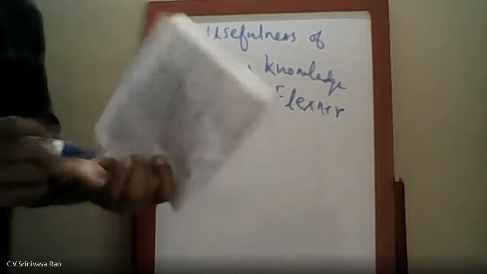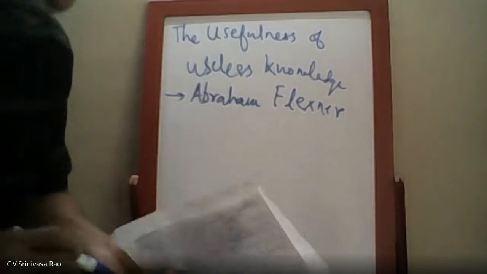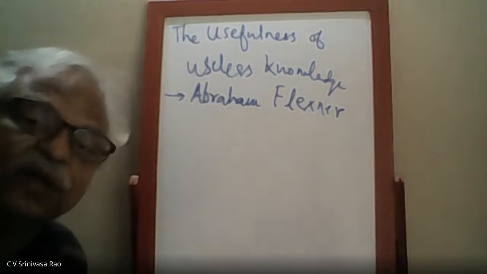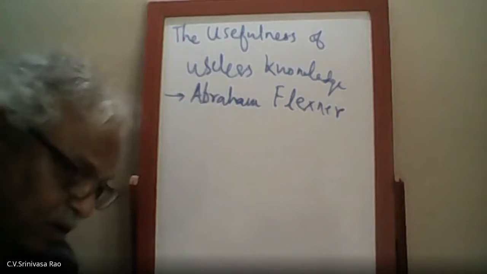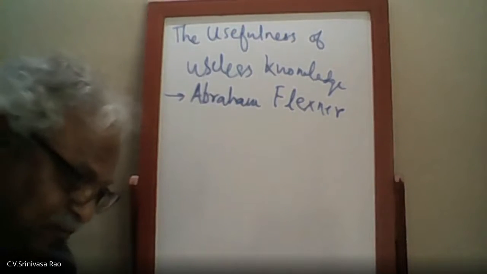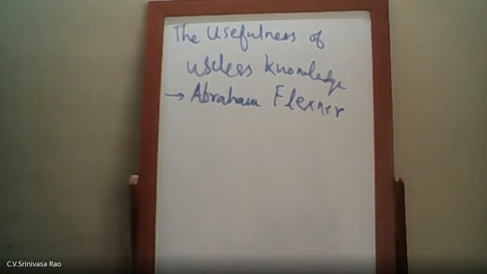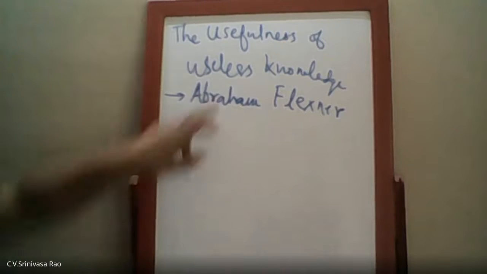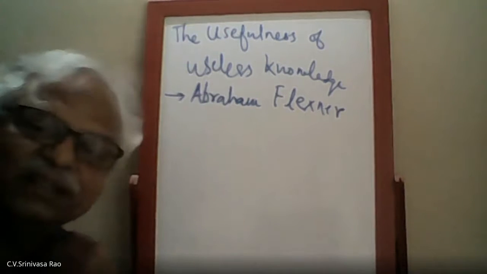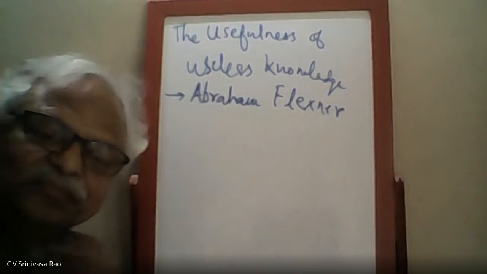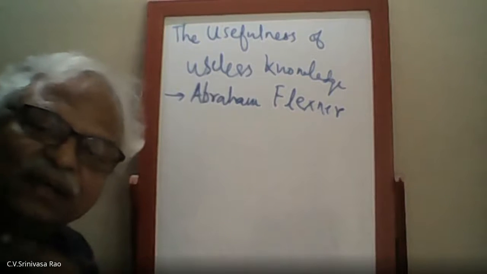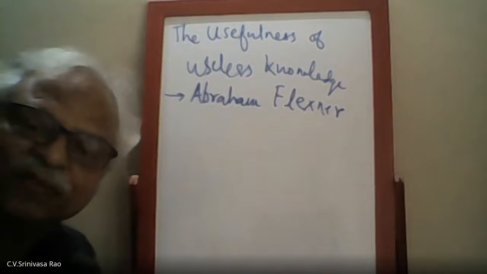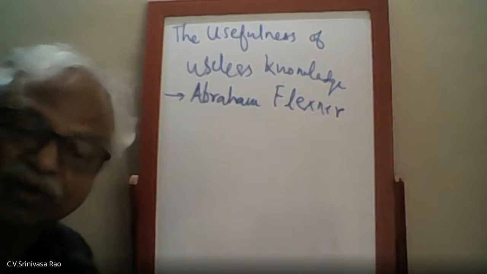He was basically the founder director of the Institute for Advanced Study in Princeton. The topic looks a little funny because he is talking about the usefulness of useless knowledge. What he calls useless knowledge is basically basic sciences, fundamental sciences, because he had a lot of problems in getting funding from the US government for doing fundamental research.